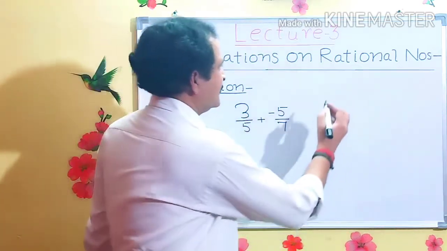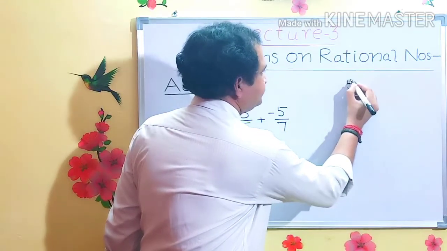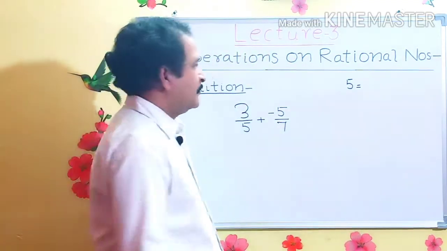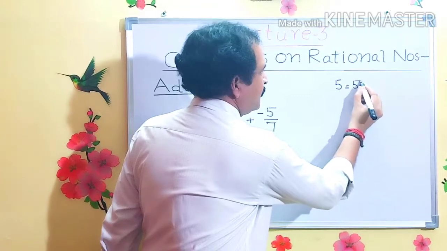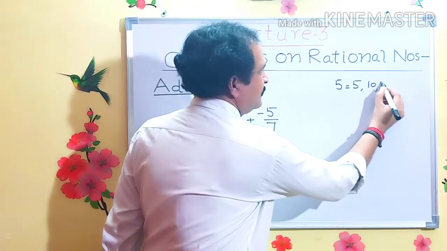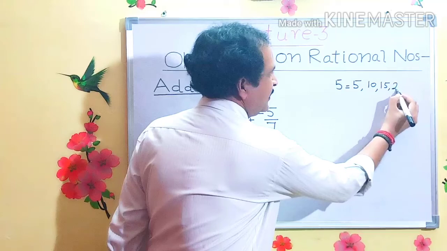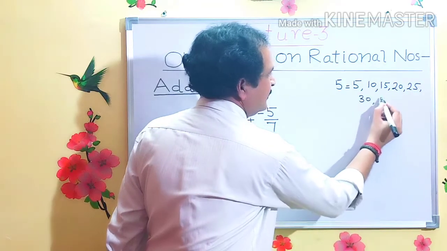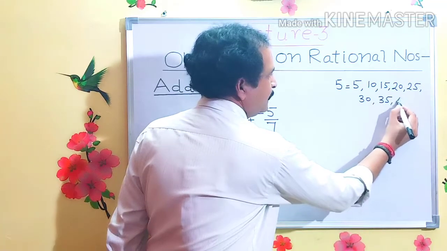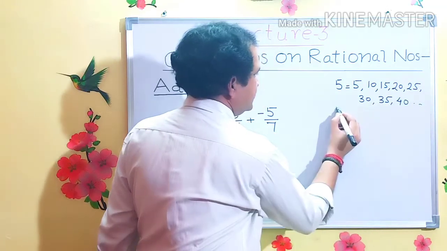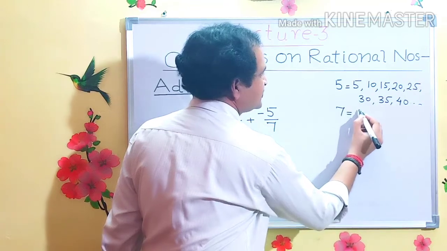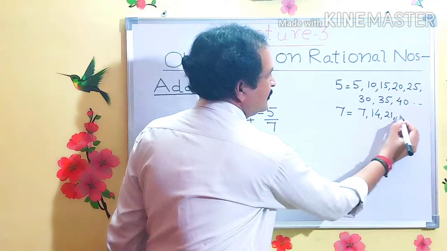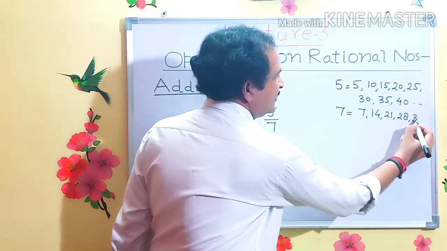So recall the knowledge of LCM. 5 has the multiples 5, 10, 15, 20, 25, 30, 35, 40, etc. 7 has the multiples 7, 14, 21, 28, 35.